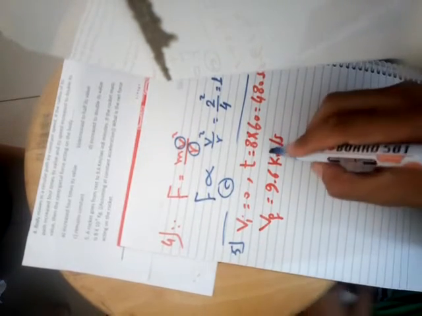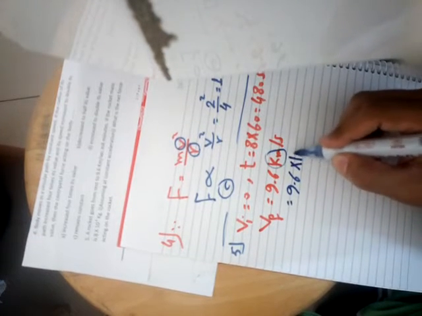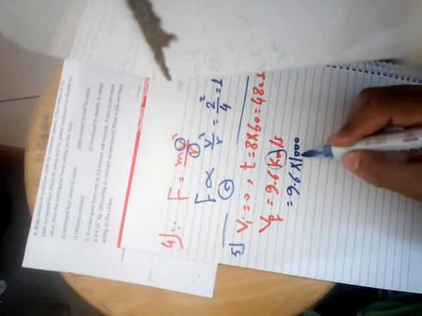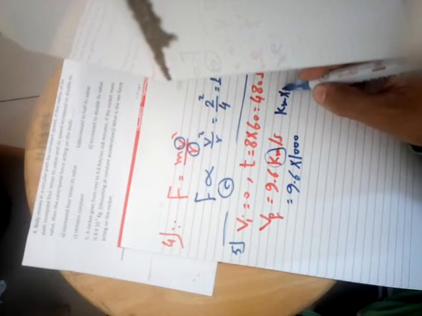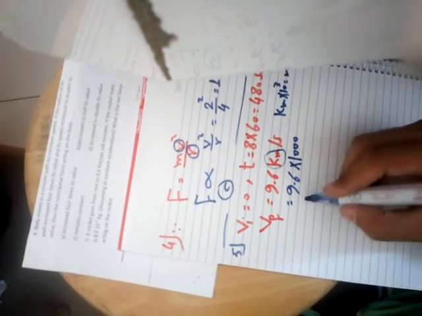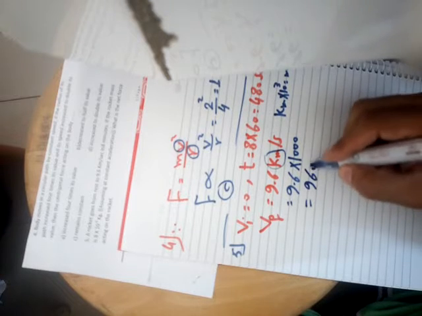We must convert kilometer to meter. From kilometer to meter, we multiply by 10 power 3. 9.6 times 1000, or 10 power 3, equals 9600 meter per second.